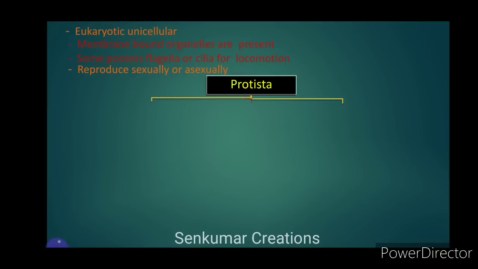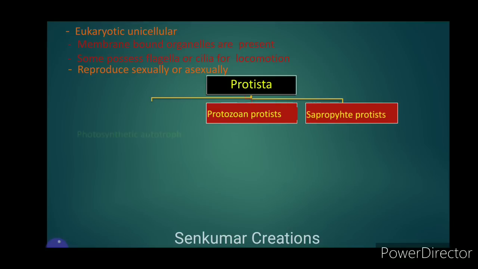So the protista can be classified into three groups: photosynthetic autotrophs, protozoan protists, and saprophytic protists.